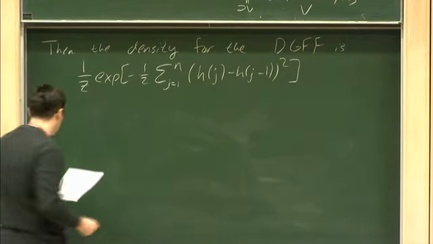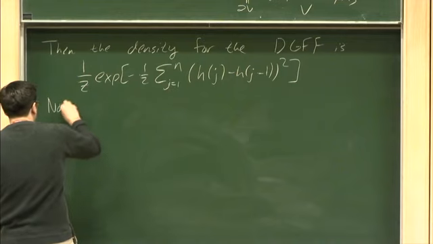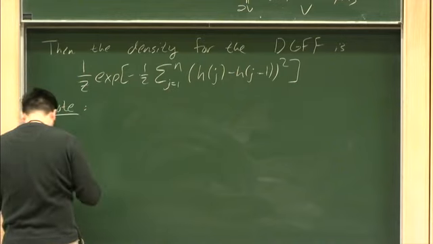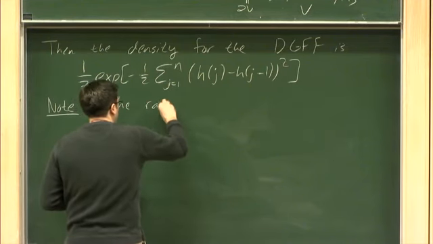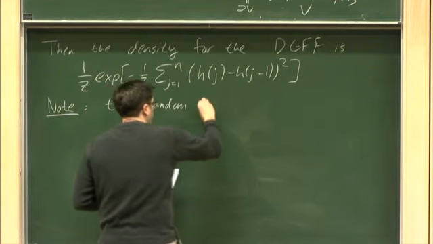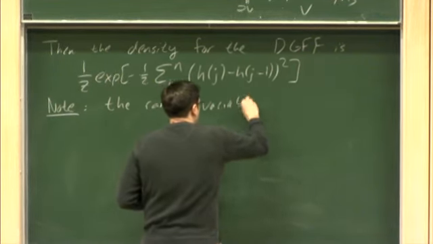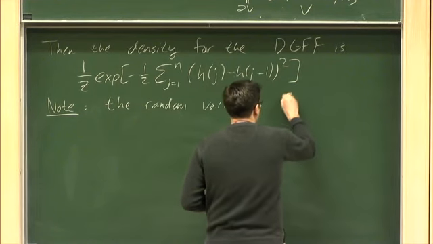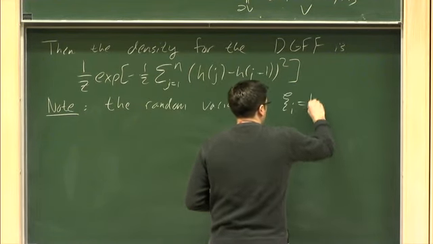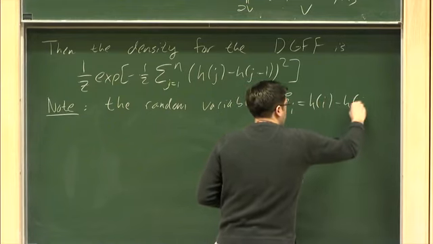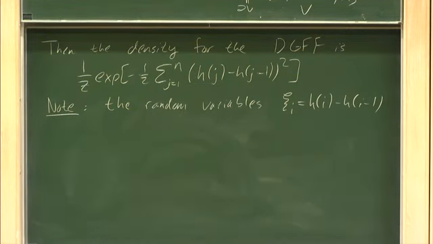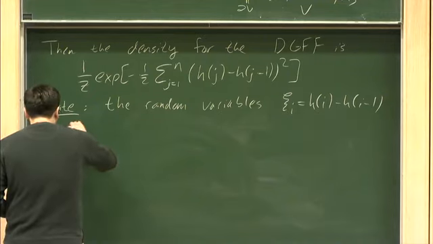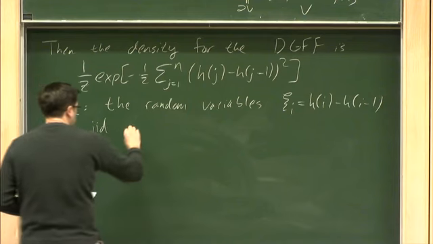And one thing that I just want to really emphasize is that in this case, the random variables psi i, which are given by h of i minus h of i minus 1, if you just stare at this for a second, you'll realize that these psi i's are just IID normal 0, 1.